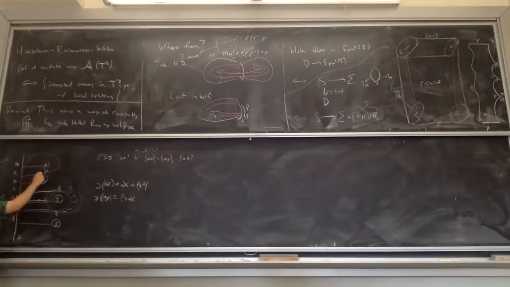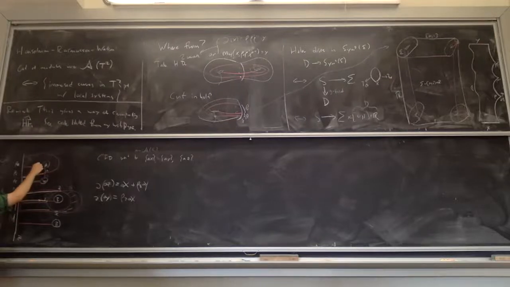Here's another disk that contributes. You can go out, with orientation, go out that way, down to here, along, and then back there. So it's these two regions glued together as a disk.